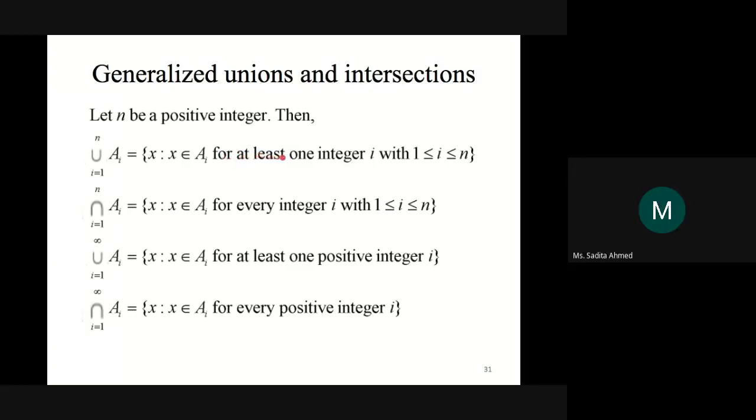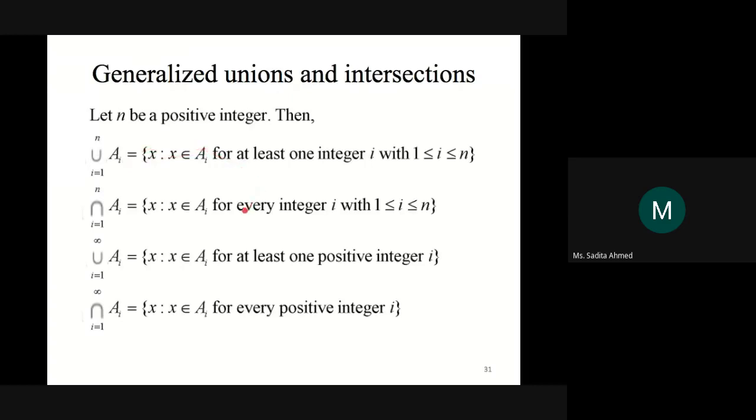For at least one integer I in this range, 1 to n, if the element is present in the corresponding set at that index, then it will be in the union.